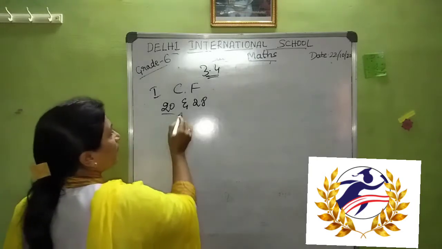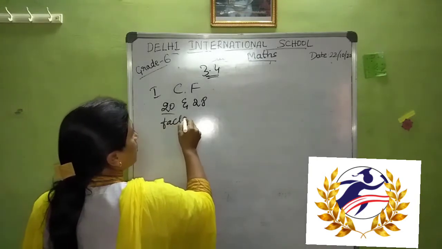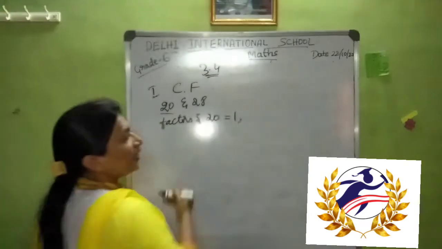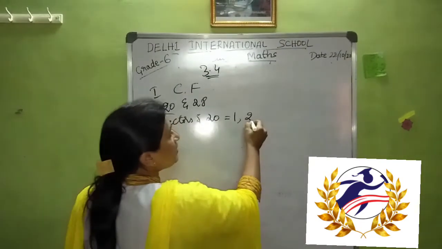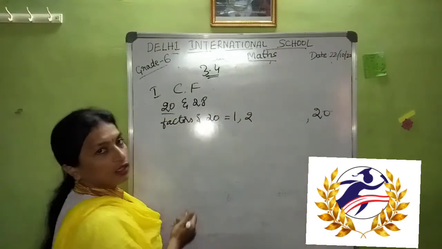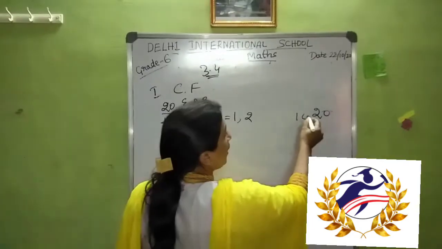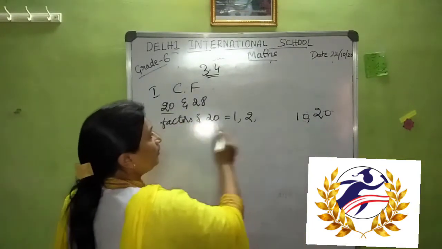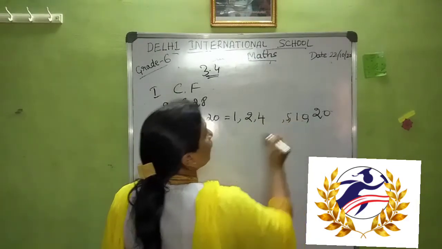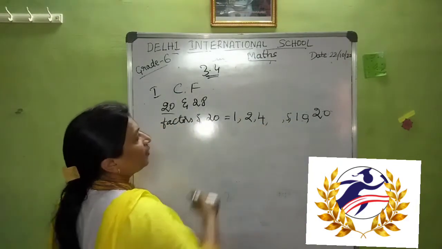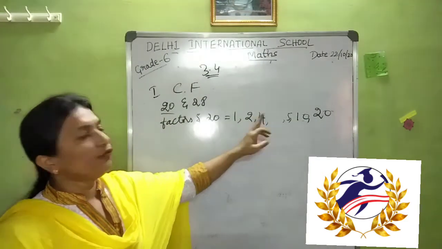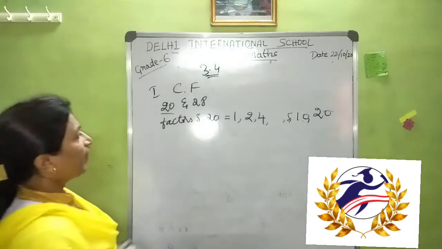First we need to take the factors of 20. 1 twenty is 20, 2 tens are 20, then in the 3 table it doesn't go, 4 fives are 20. So 1, 2, 4, 5, 10, 20 are the factors of 20.